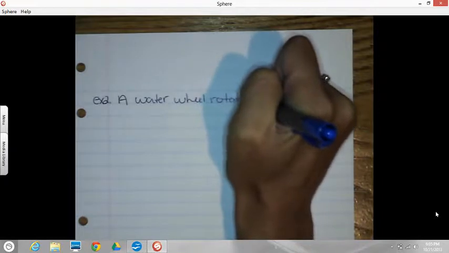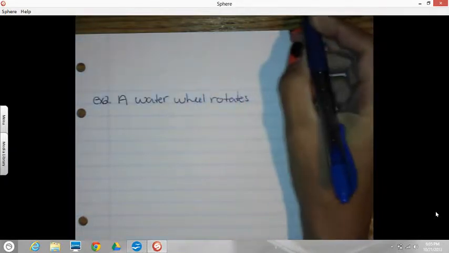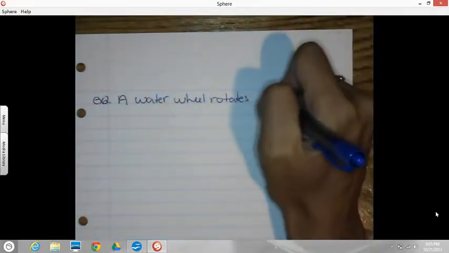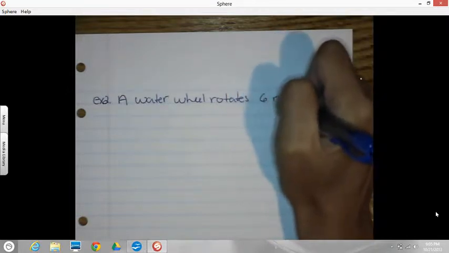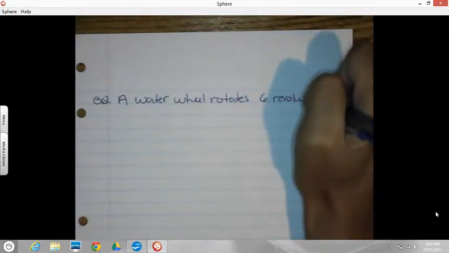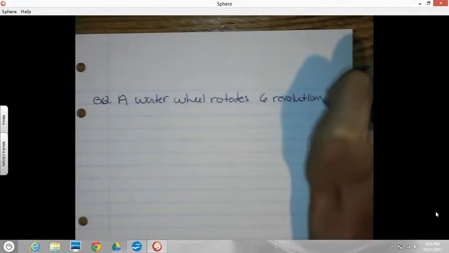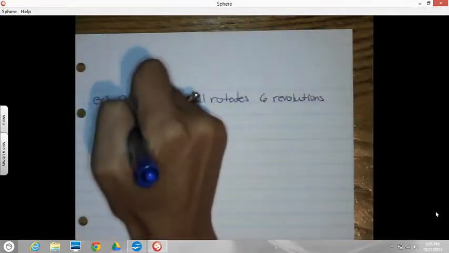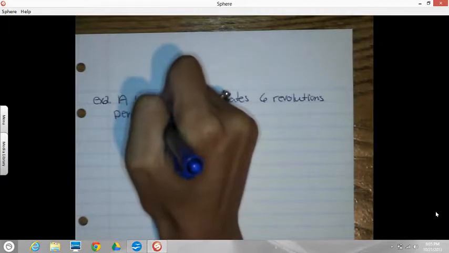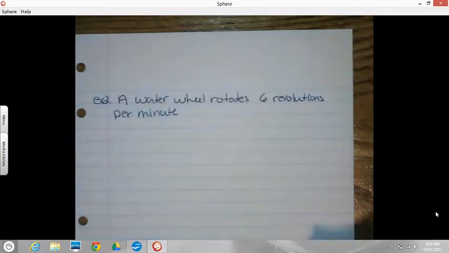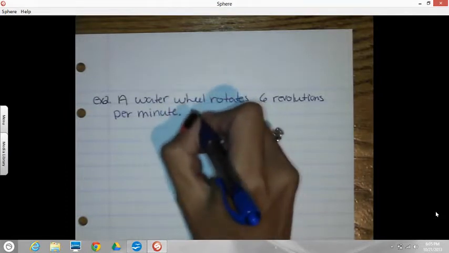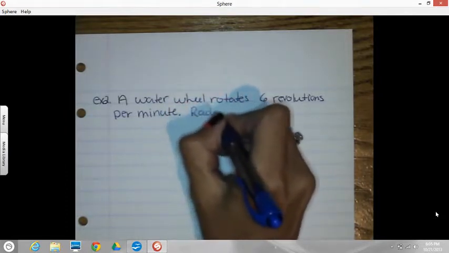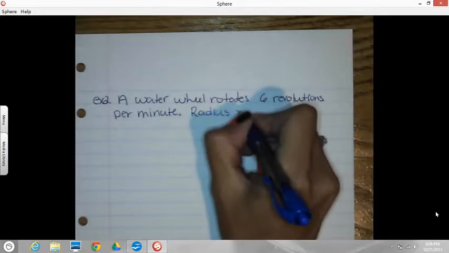Rotates 6 revolutions per minute. It has a radius equal to 7 feet.